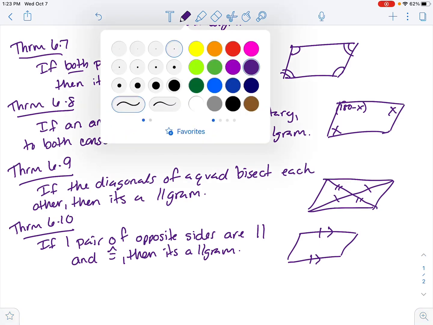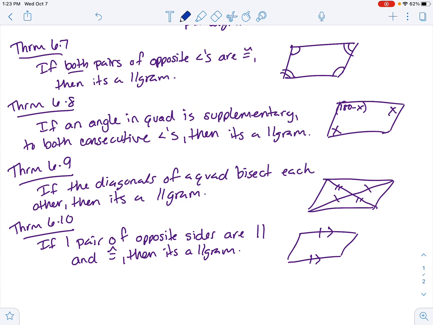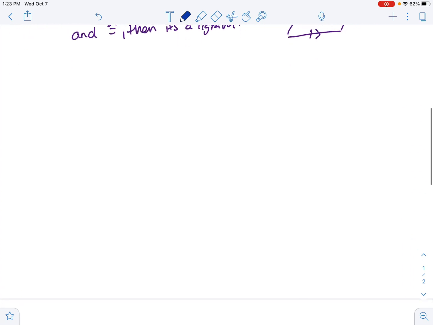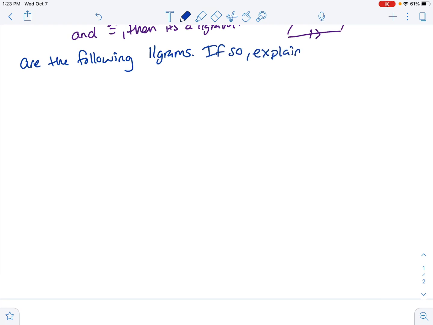Okay, so now for the practice, we're going to be using this stuff. For the first part, I want you to tell me, are the following parallelograms? If so, explain why. Your explanation can just be one of the theorems above. The first one we're going to do is going to look like this.